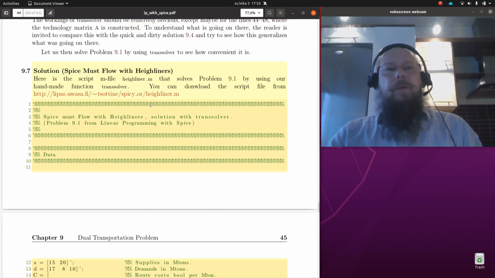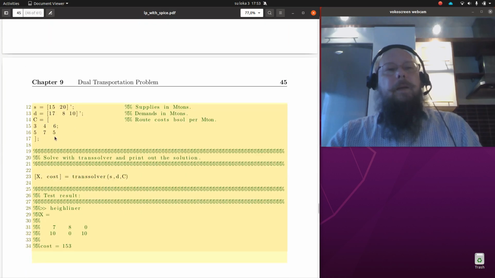So how do we solve the problem? Here is again just a title block saying what we are doing, and then there is the data, and note that the data is now the supply, demand, and cost. This is all I have to give. That's the whole point. And then I solve with transsolver, so x, cost will be transsolver of S, T, C. Note the missing semicolon, so it will print it out.